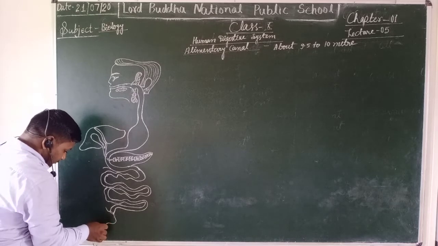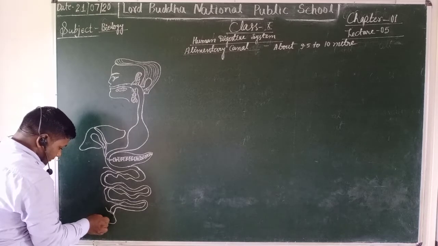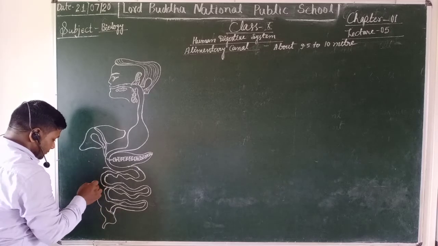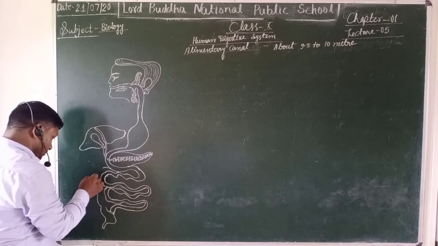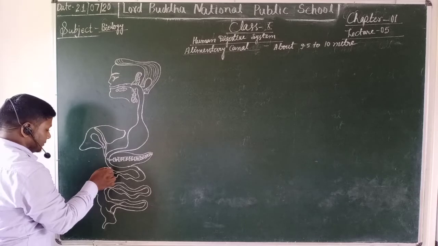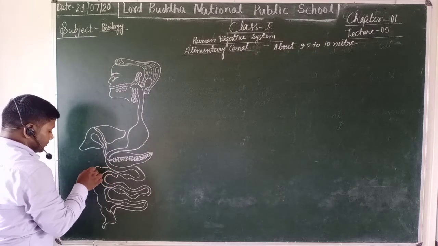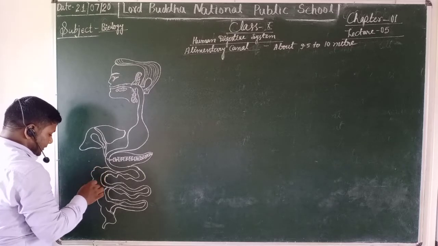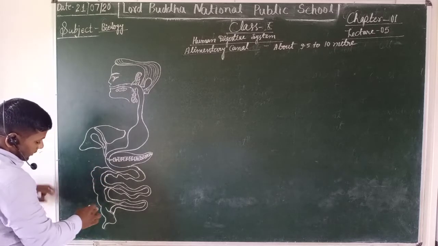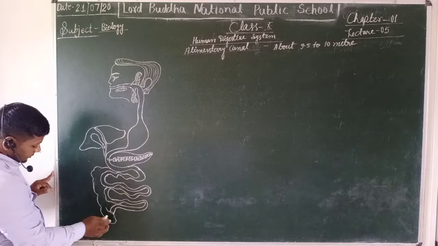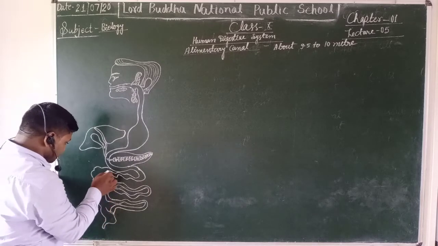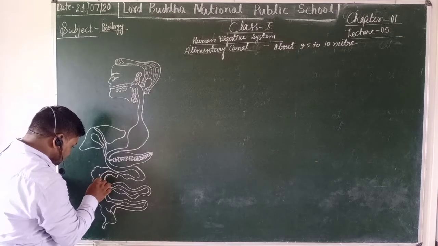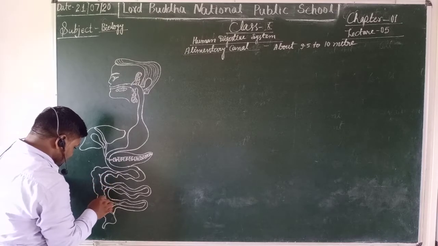It has a thread-like structure that is called the vermiform appendix. In the appendix, when any food material gets in, it does not find any passage to get out, and it starts decaying.